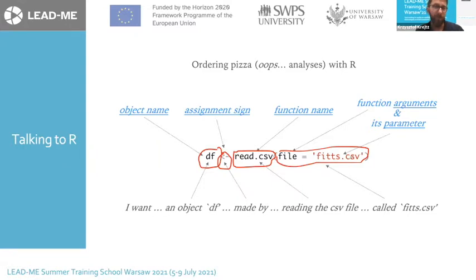We don't have feeds.csv file. It's just the general form of how we want to make it. So translating this into English is, I want an object df made by reading this CSV file called feeds.csv. That's a translation into English.